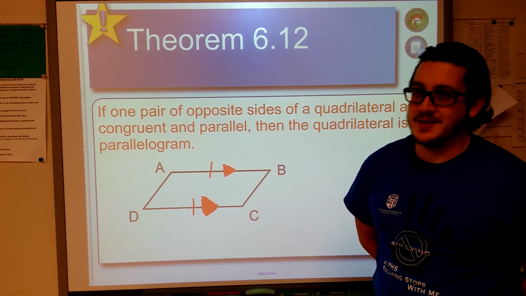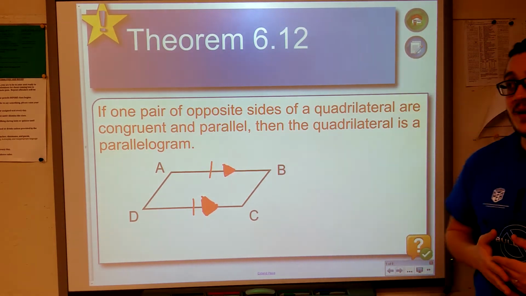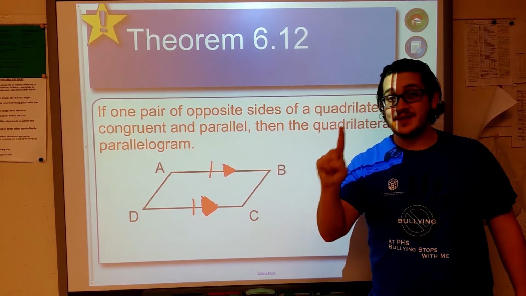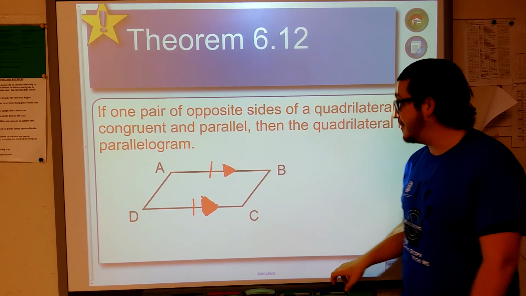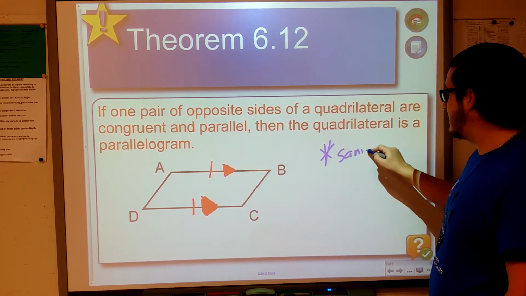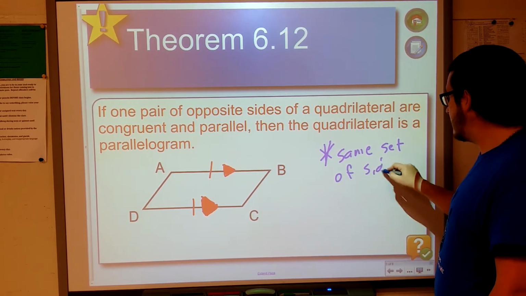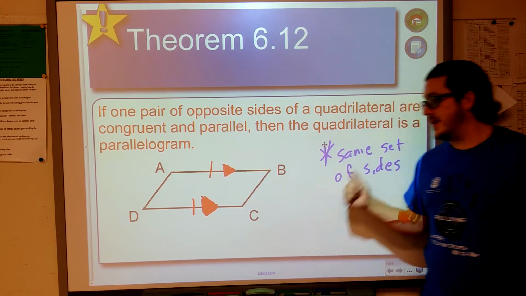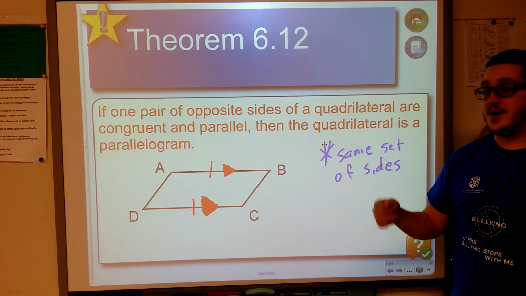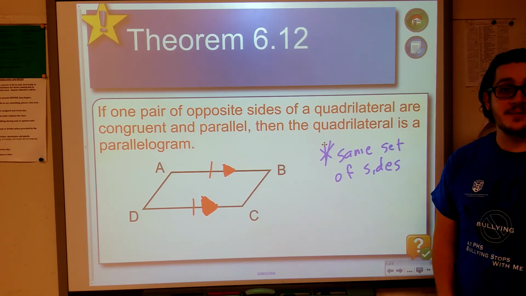It doesn't go in the opposite direction because you already know that opposite sides are parallel, you know opposite sides are congruent. So if you want to figure out if you have a parallelogram, if you can show that the same set of sides are both parallel and congruent, then you know you have a parallelogram.